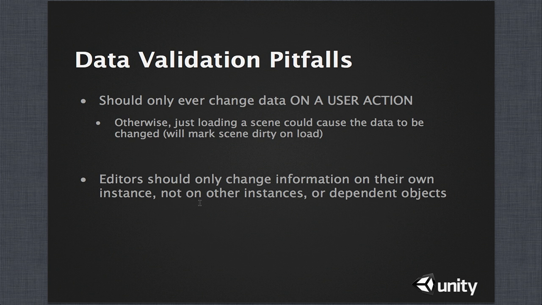Because what happens is, if you don't do this, just by selecting an object, you can modify the scene, and that doesn't make sense to us. So for example, editors should only change their information on their own instance, and not on others as well, because otherwise they could mark the scene dirty for no apparent reason, especially if they point to something like a prefab.